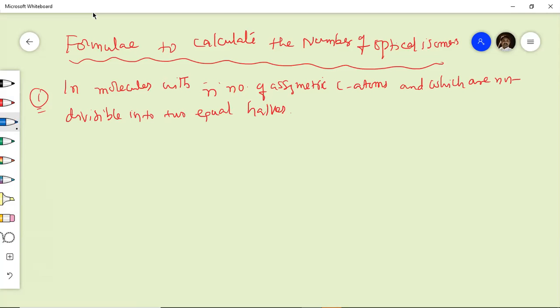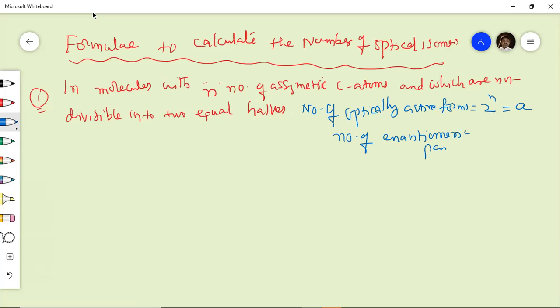So in this case, the number of optically active forms can be calculated using the formula 2 power n. You can take this as A in this case. At the same time, the number of enantiomeric pairs can be calculated by dividing A by 2.